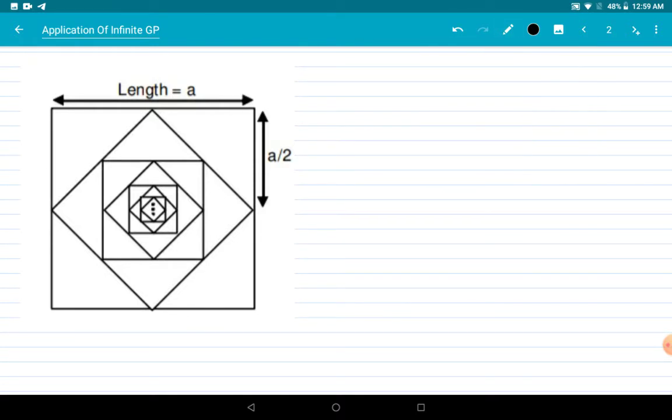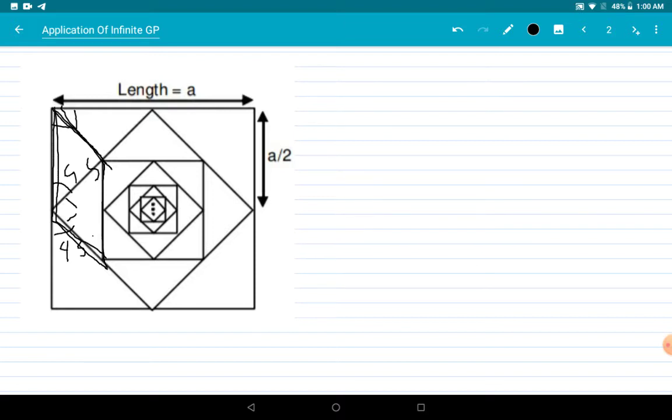So first of all, this angle is 90 degrees, right? And this angle is 90 degrees, and we know this angle is 45 degrees. Similarly, this angle is 45 degrees, right? Now if we join this vertex to this vertex, we will see that the resulting shape we get is a square.